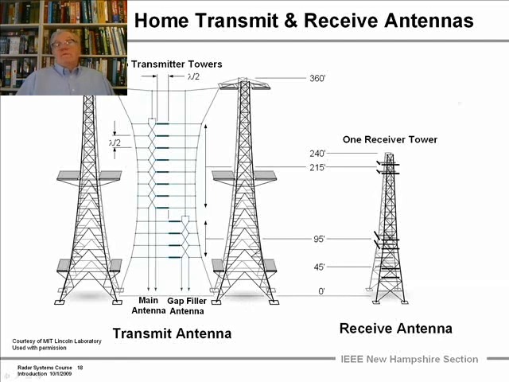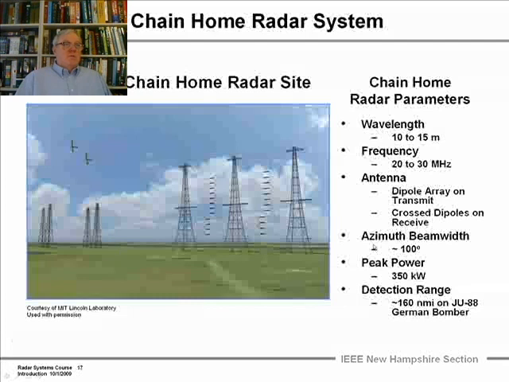And then one of the receive towers, here's just one of them we've visualized here, they were wooden and 240 feet tall. And what they would do is they would receive the signal with a cross dipole at 95 feet and 240 feet, and look at the phase difference of the signal in altitude with one set of receive antennas. And they had, of course, 4 of them, as you remember. I'll go back just for a moment.